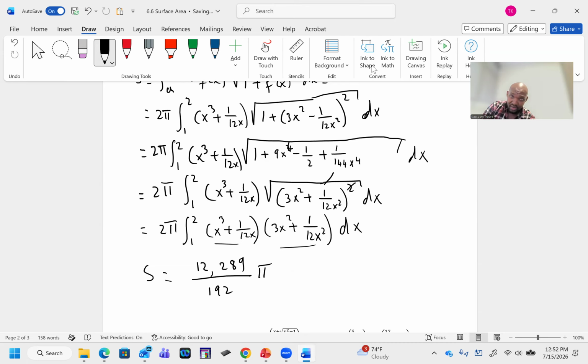And then we are looking for the volume. So now, because the paint layer is what?